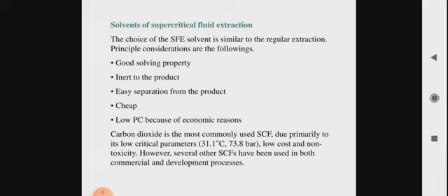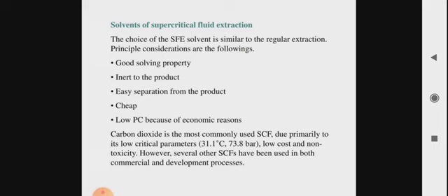These are the different reasons why we use the supercritical fluid solvent or extraction method over other methods. Carbon dioxide is the most commonly used supercritical fluid due primarily to its low critical parameters: the critical temperature of carbon dioxide is 31.1 degrees Celsius, and the critical pressure is 73.8 bar. At both these critical parameters, CO2 is used as a supercritical fluid solvent for extraction.